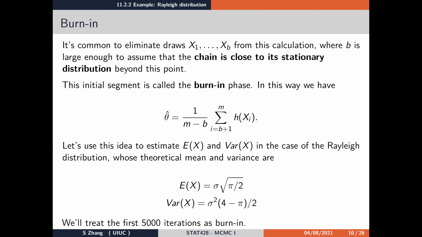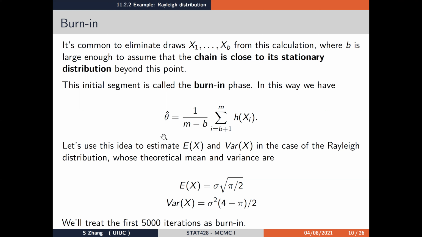In other words, all the x's after b are assumed to be close enough to the stationary distribution, or the target distribution that we want to draw samples from. This initial segment of x's between 1 and b is called the burn-in phase. We want to toss away the burn-ins when we calculate the Monte Carlo estimator.